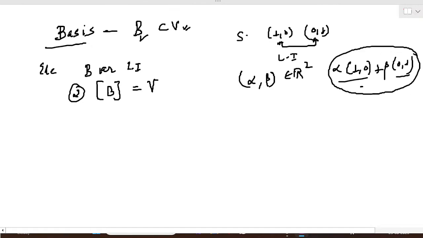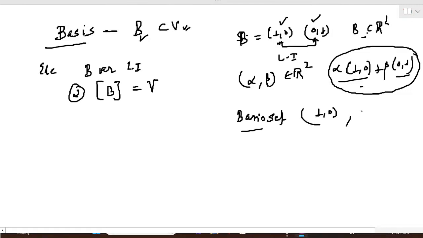So if this is the set B, a subset of R square, we can say that B generates the entire R square. Also, these two vectors are linearly independent. So this B forms the basis set. So you can say that for R square, these are the bases. Is that clear?